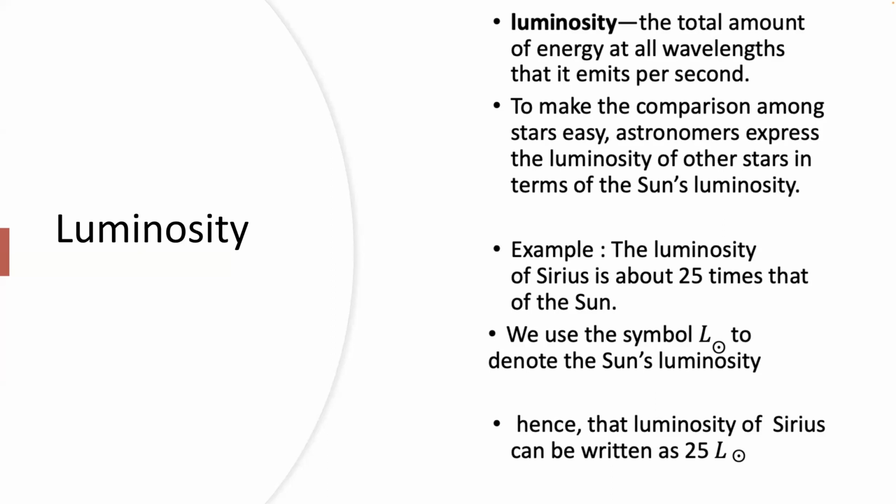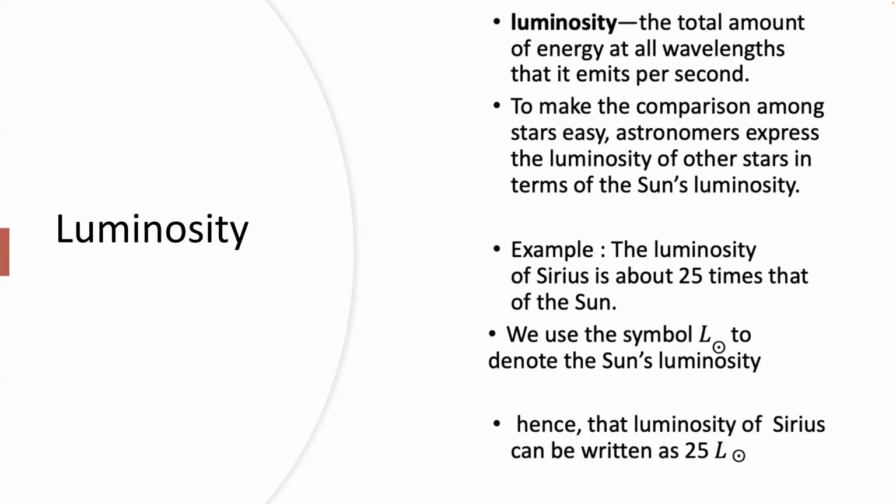Now, this implies that we have to be very careful when we define something in astronomy, because it seems the sun is brighter for us, but in terms of the luminosity, the sun is not as luminous as Sirius. Sirius has a higher luminosity compared to the sun, right? So that is basically based on the distance. Because the sun is closer to us, we feel it as a brighter object.